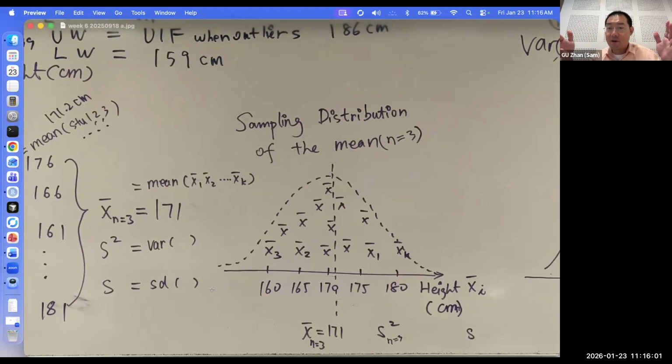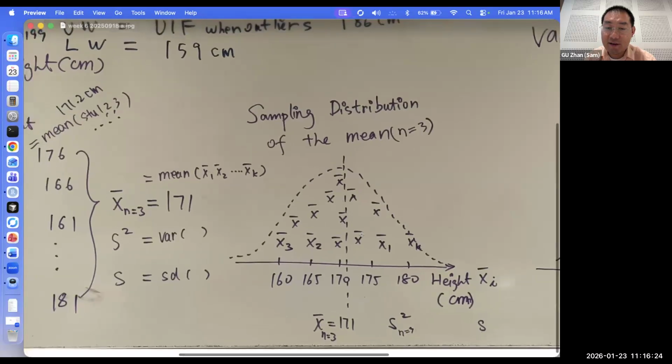Overall, the scale, the range will be similar to your population, and usually it can be narrow. We'll look at that later. So you stack all those sample means in this distribution.